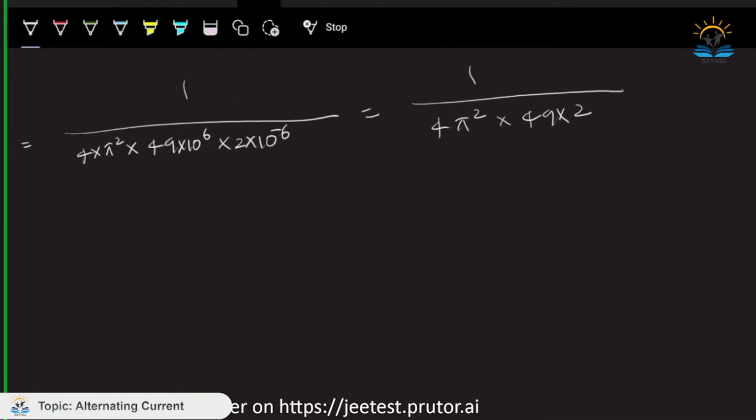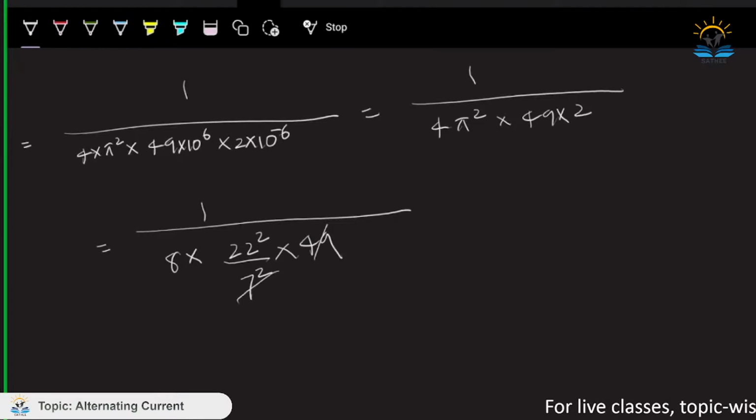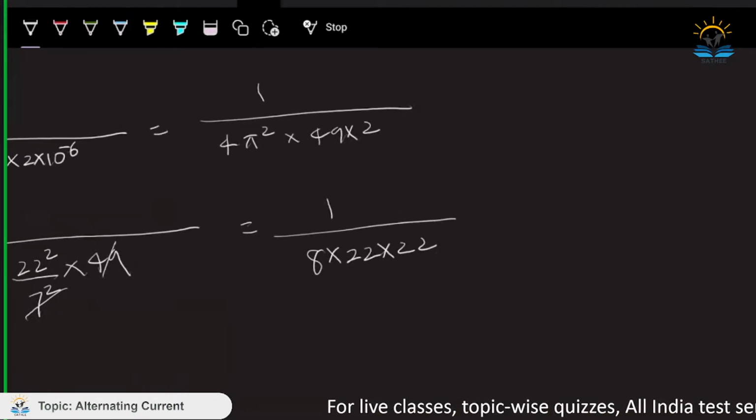So it equals 1 by 4 into 8 pi square, which is 22 square by 7 square into 49. So 49 is 7 square, so we can cut that, and this will be 1 by 8 into 22 into 22.